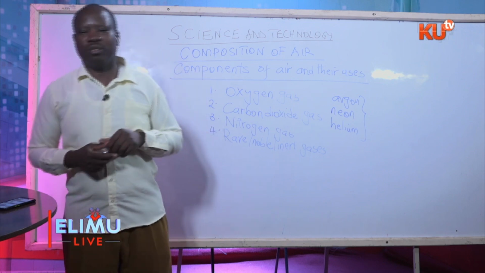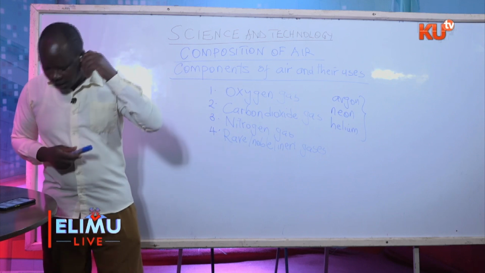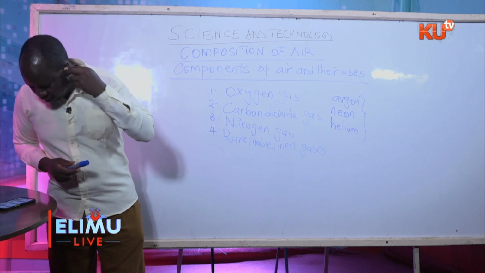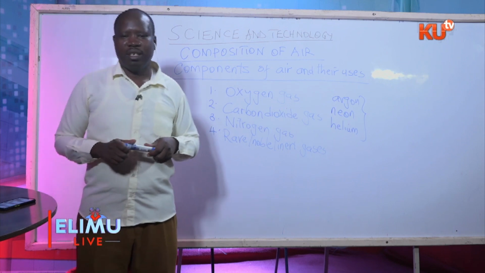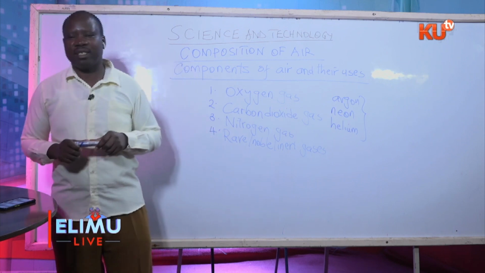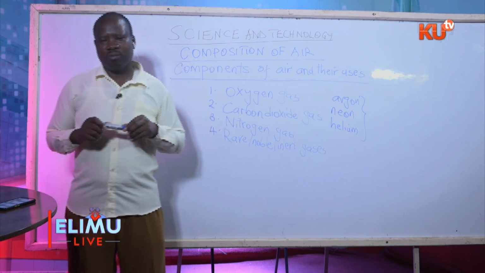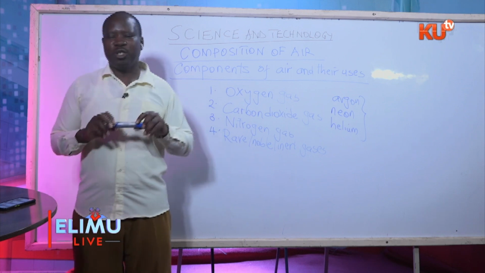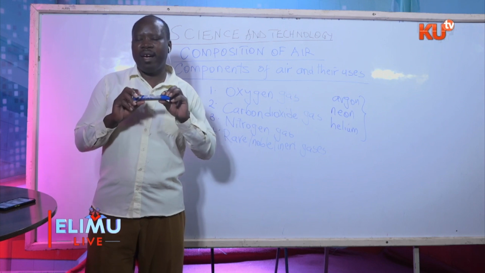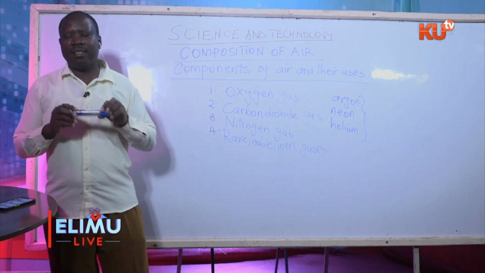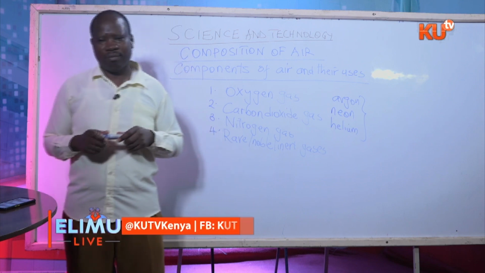The next use of nitrogen is that nitrogen is used in bulbs and fluorescent tubes. For a fluorescent tube or for a bulb to light, there is some air inside, and this air in the fluorescent tube is not carbon dioxide.